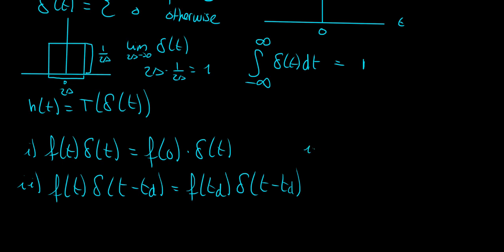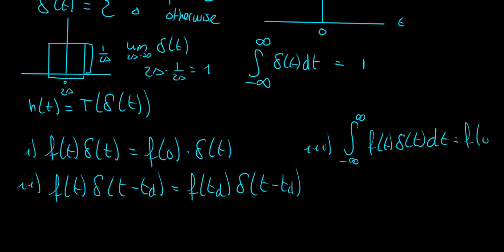Then another property: if we integrate from minus infinity to infinity our function times the delta function, this is equal to the value at 0, because what is the surface multiplied with each other?